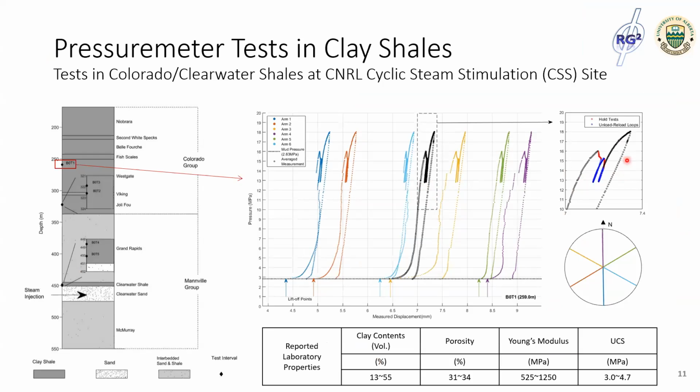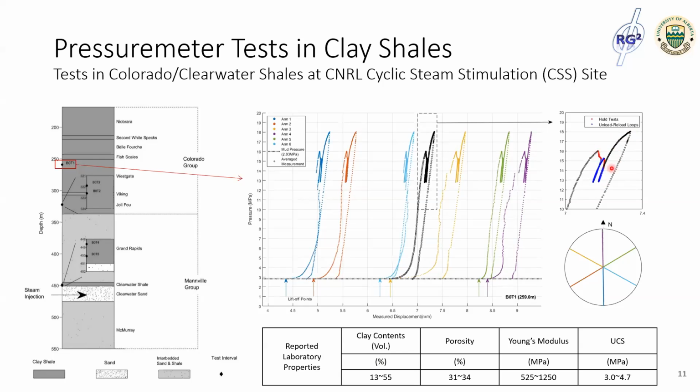Even though sometimes the materials entered into the plastic phase, when unloading they basically go back to the elastic phase. So these unload reload loops basically remain in the elastic phase. Once you load it back, ideally you should come back to the point where you started unloading.